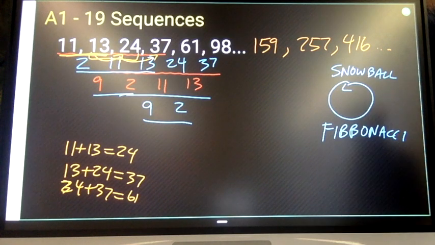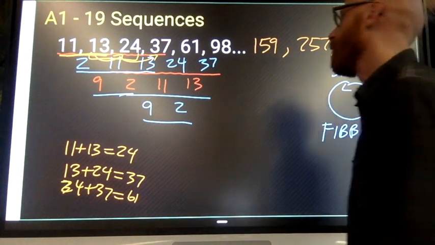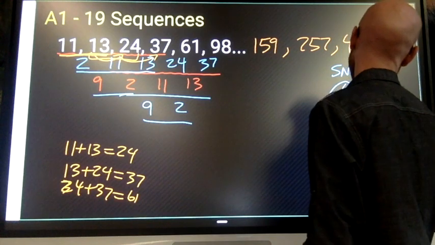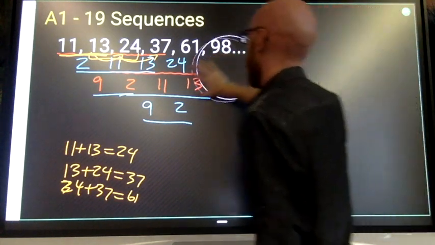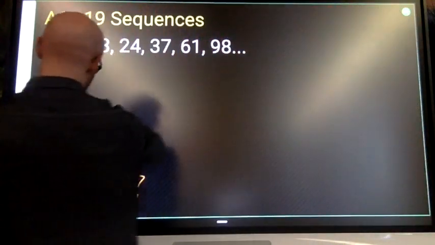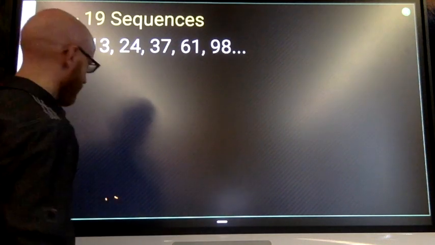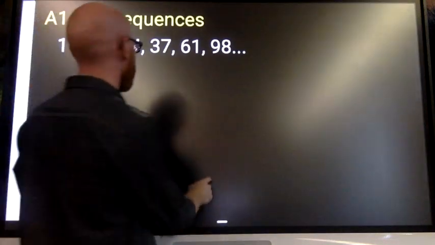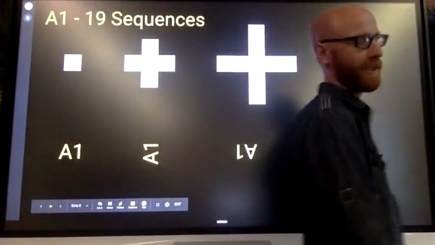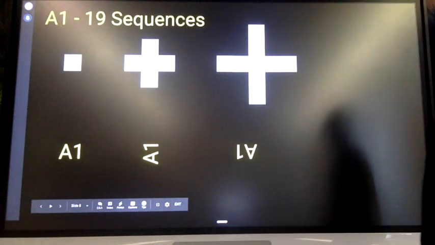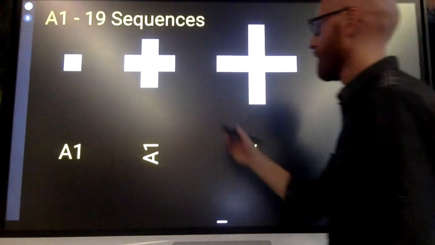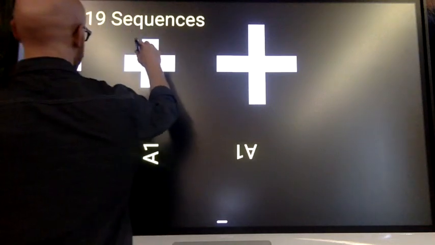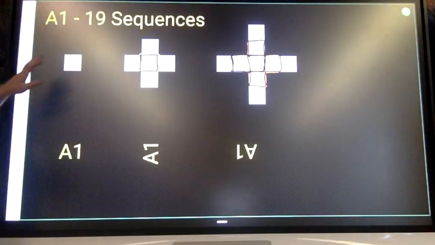Okay, those are the four main types of number sequences that you'll see in Algebra 1. You can also get sequences that aren't built from numbers. So draw some lines on here, because I don't know if they show up.